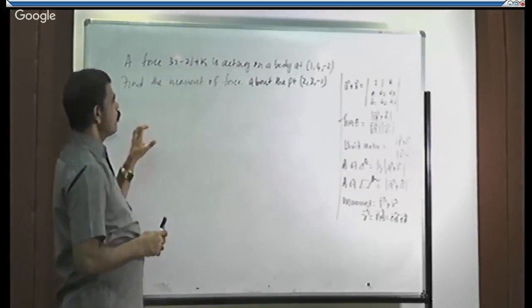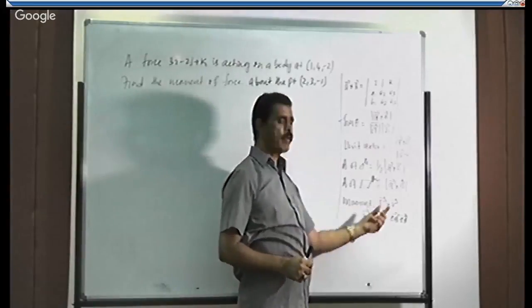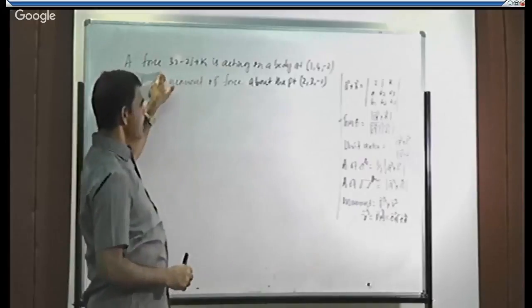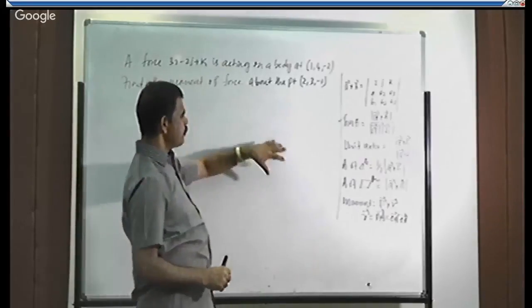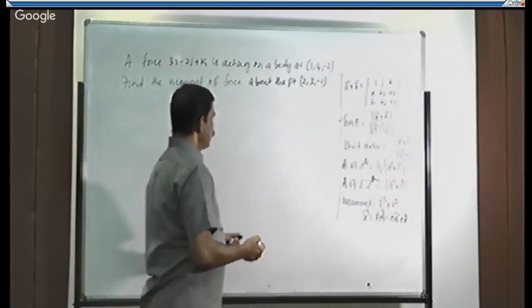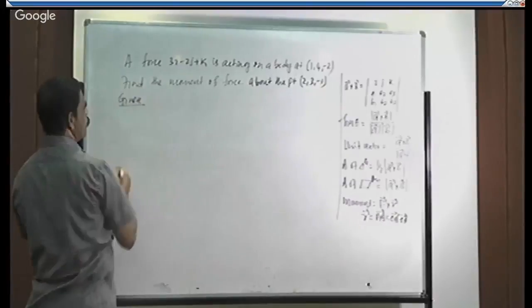So how to get the moment of a force? The moment of a force is nothing but F cross R. What is F? It is the force acting on a body. What is R? It is the distance between A and B. What is given? You write given parameter force.